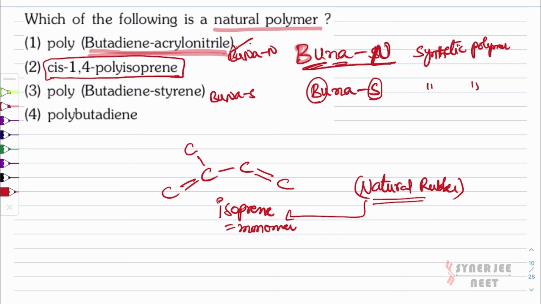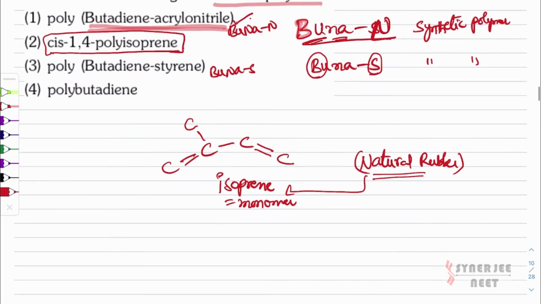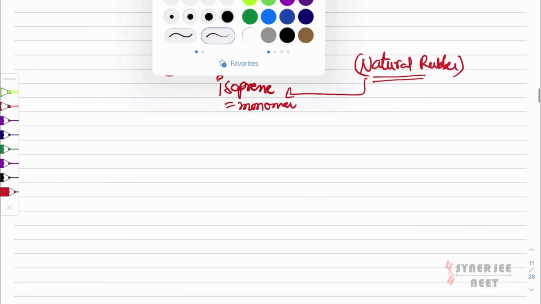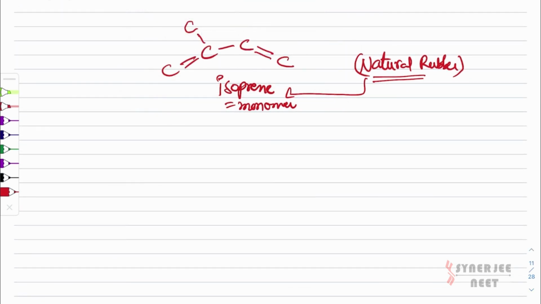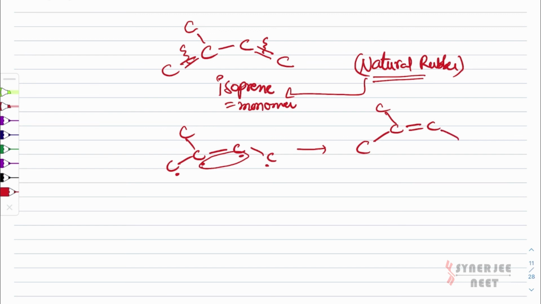So when you take this molecule isoprene, when it is combined with other molecules to form polymer, break this bond, and put free radicals there. Now join these two free radicals to form the pi bond, like this.